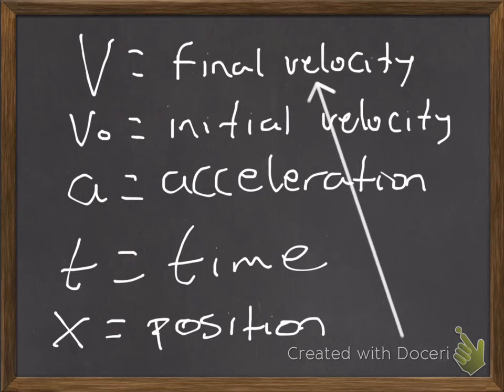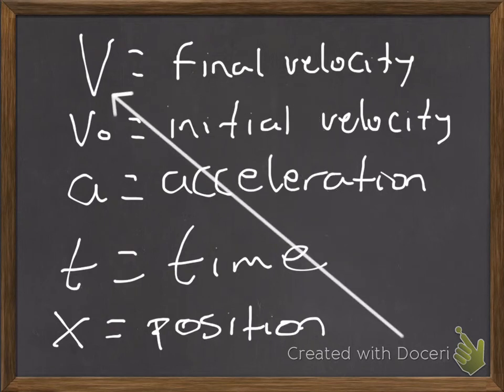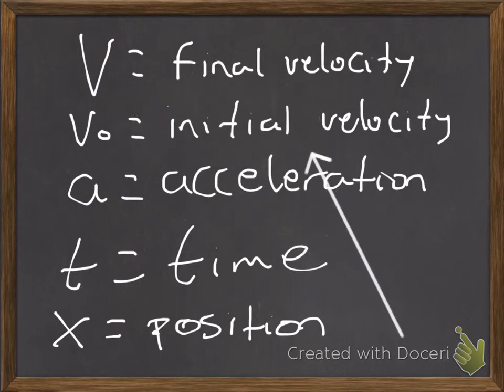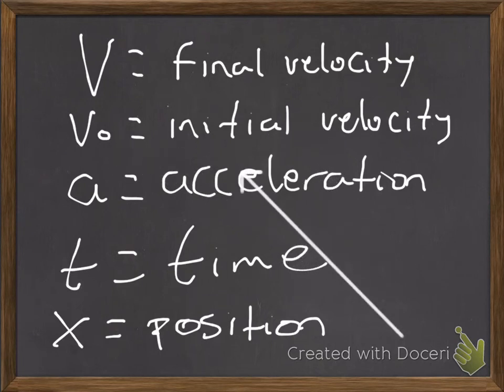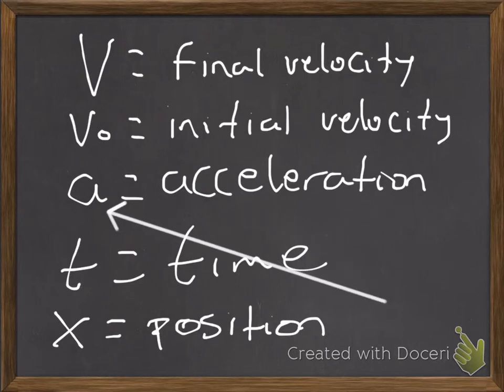So if it says an object's final velocity equals this, then it's v equals that number. The initial velocity, like in our example, was 10, then we'll label v0 as 10, and so on and so forth. So whenever the words in the word problem say something like has an acceleration of, then we're going to label that as a.